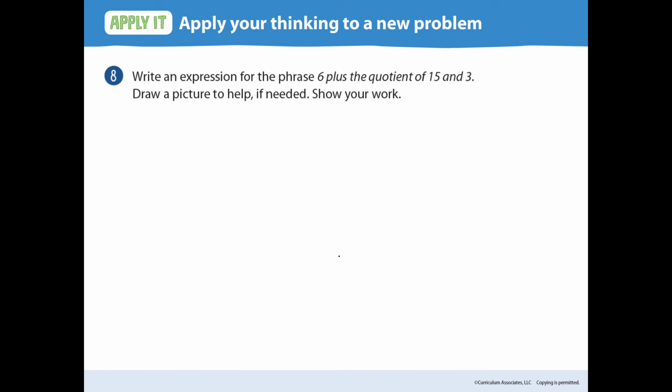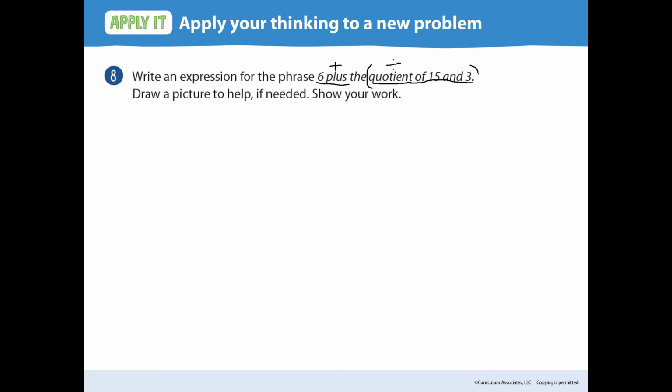Number 8, write an expression for the phrase 6 plus the quotient of 15 and 3. Draw a picture to help if needed. Show your work. So 6 plus, we're going to be adding, quotient tells us we'll be dividing, quotient of 15 and 3. So we have to make sure we find the quotient of 15 and 3.